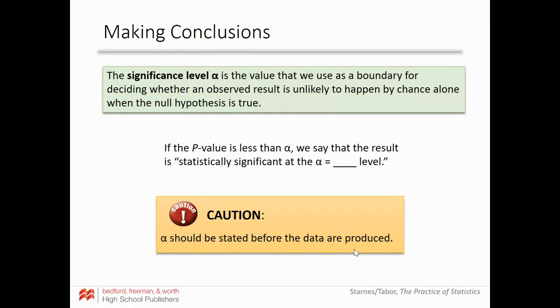That kind of defeats the purpose. What if before, you were going to use an alpha value of 5%? Then it gets fuzzy: did you actually care about the significance, or are you just trying to pick a value that will help determine what you want to determine? So we should always pick our alpha level before we do any data collection.